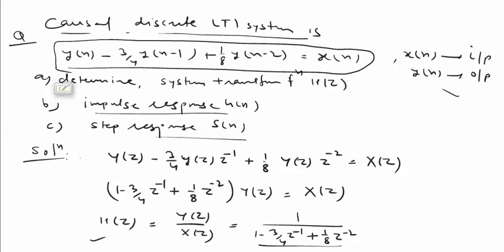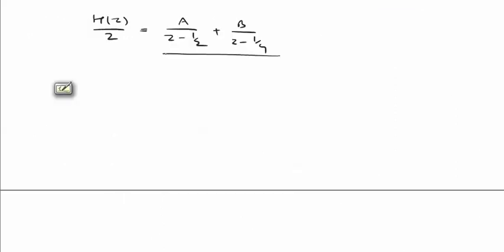By taking partial fractions, we can calculate the impulse response. For partial fractions, we have to solve for Z square over Z minus..., and factorize in this way and calculate A and B. We find A equals 2, B equals minus 1.